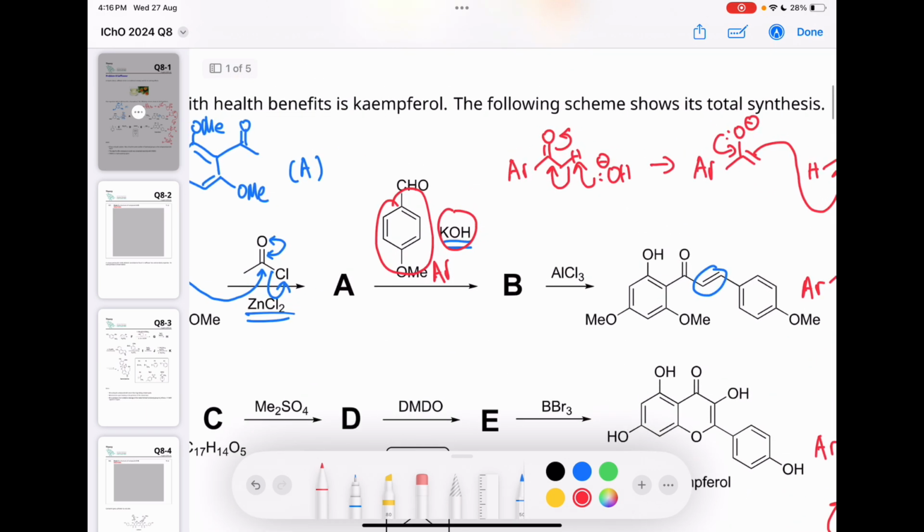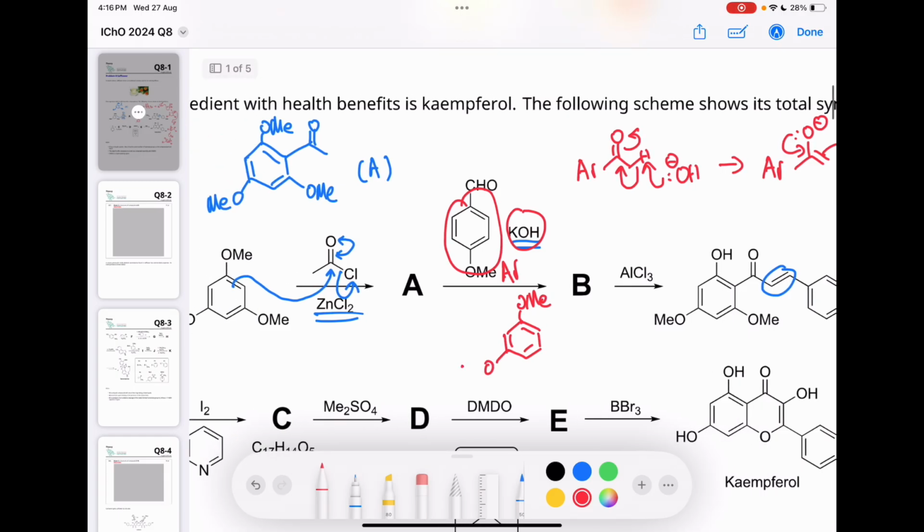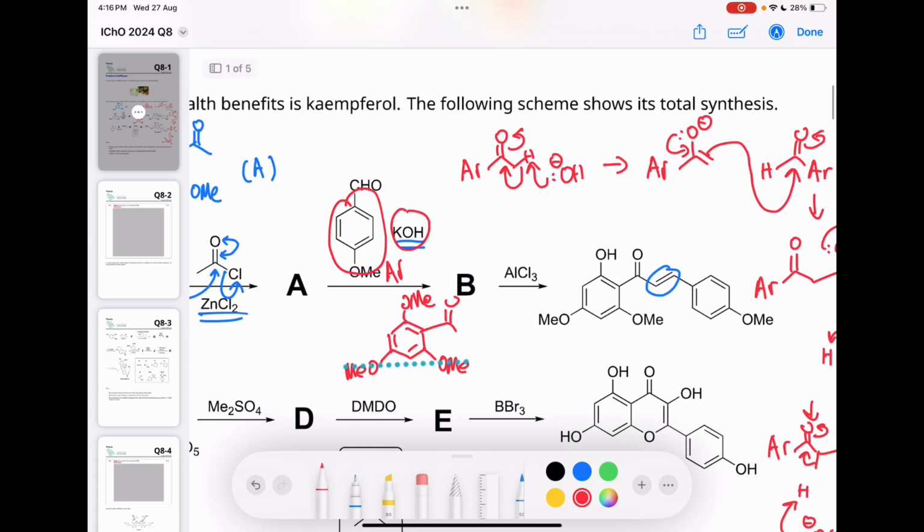So let me draw compound B here. Sorry, this should follow compound A. OMe, OMe, OMe. And for the rest of the structure, you can just copy this.